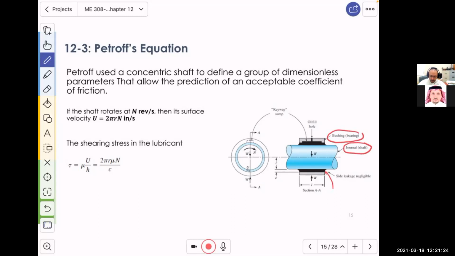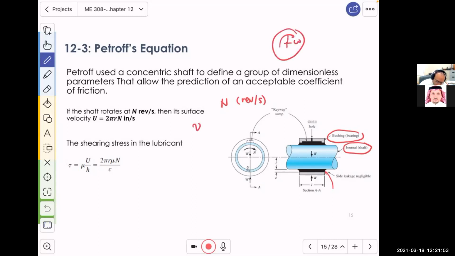So if we assume that the RPM of the shaft or the journal is measured in revolutions per second, then the velocity, in other words the surface velocity, the velocity at the surface. Now, we all know the relation for the velocity of a cylindrical part.